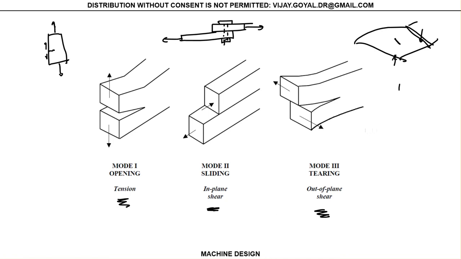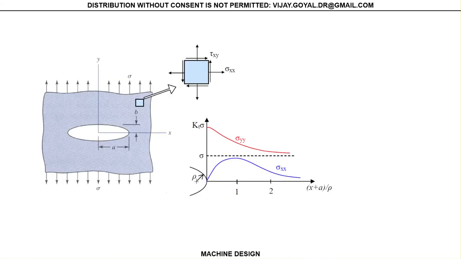So with that said, let's see what really happens. Previously, when we did this discussion, we talked about, let's say I have this small hole under pure tension. Think about this as an infinite plate.